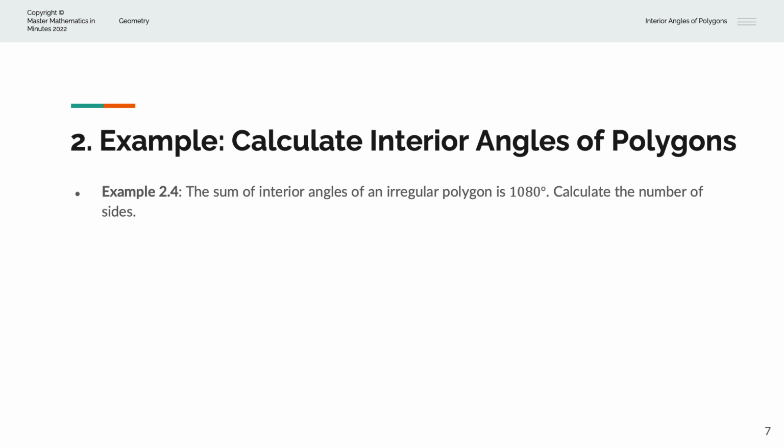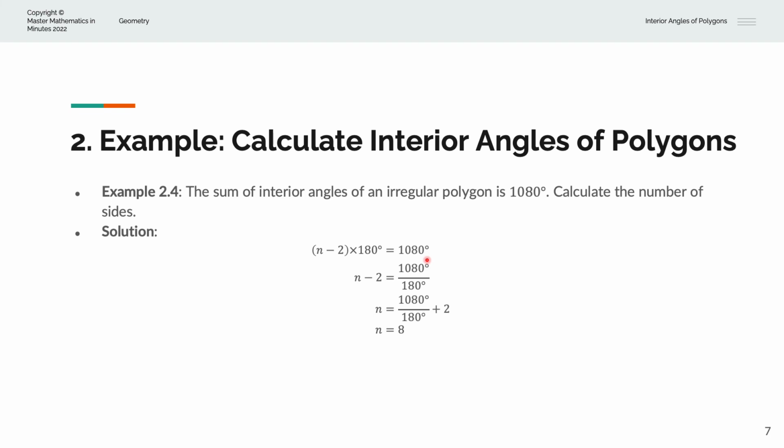In the final example, we're given that the sum of the interior angles of an irregular polygon is 1080 degrees. And we're asked to calculate the number of sides of this polygon. And so, we have the sum of the interior angles given by n minus 2 multiplied by 180 degrees, and we'll set that to be 1080 as in the question.